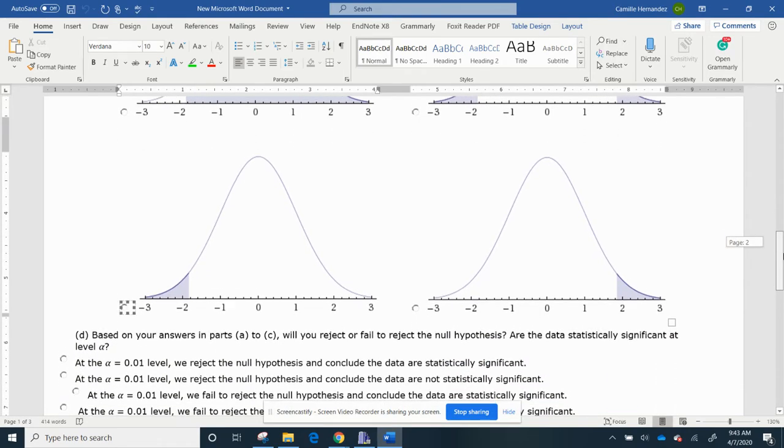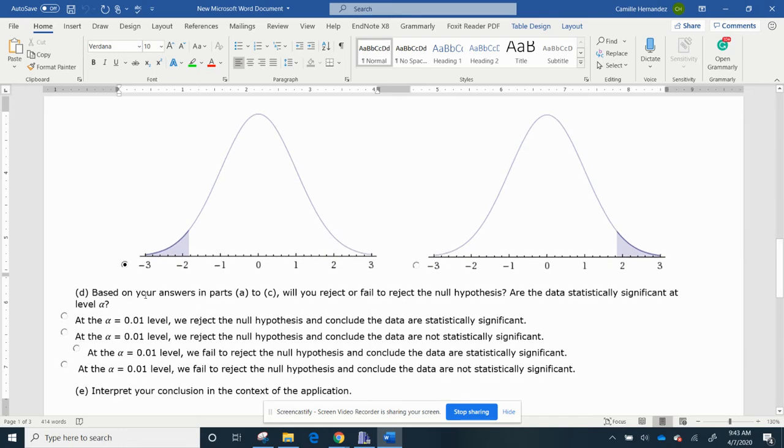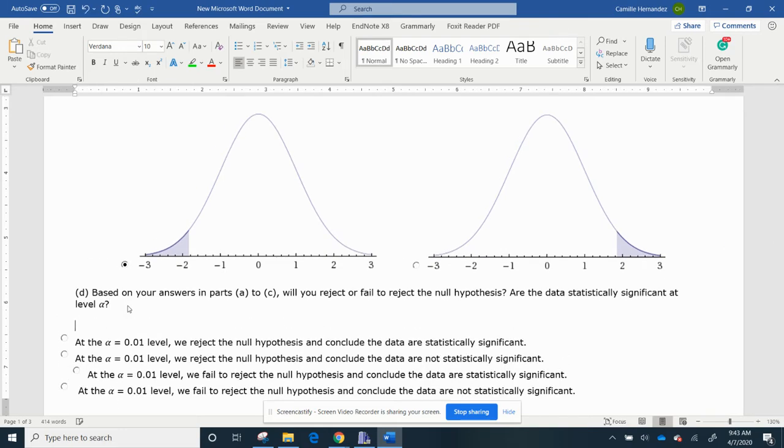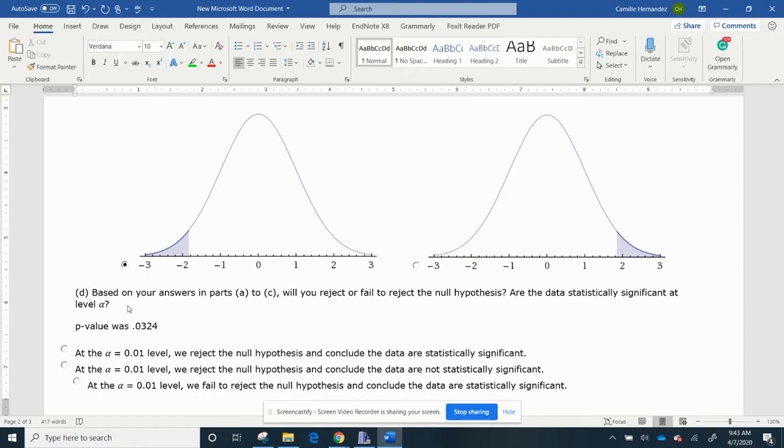All right. So am I going to reject my null or fail to reject my null? All right. So remember my p-value was 0.0324. And my level of significance was 0.01.